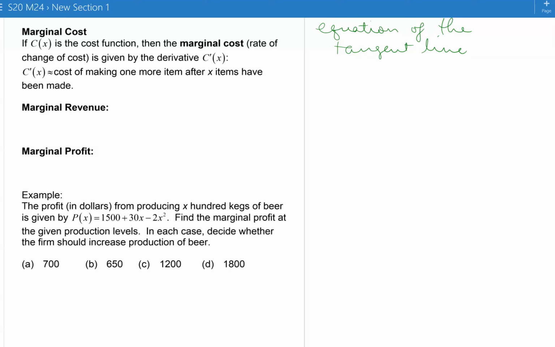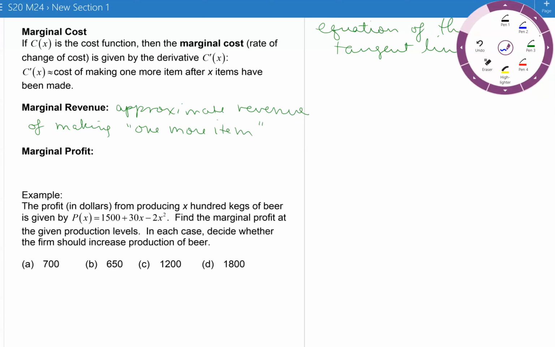So the marginal revenue is the approximate revenue of making one more item. So it's one more than however many you're already making.